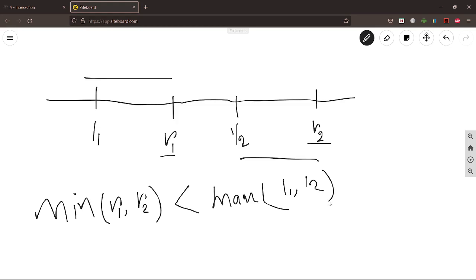That means I will have the length of 0 which is painted both in red and blue. So this is our first case.